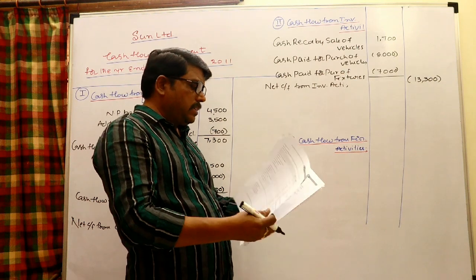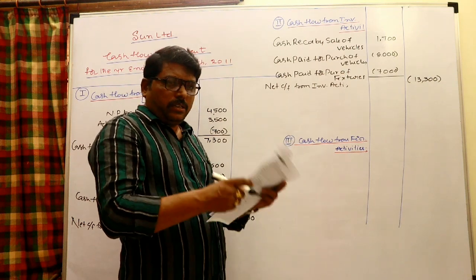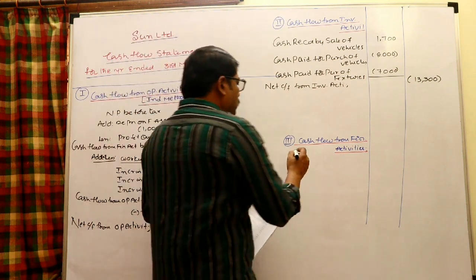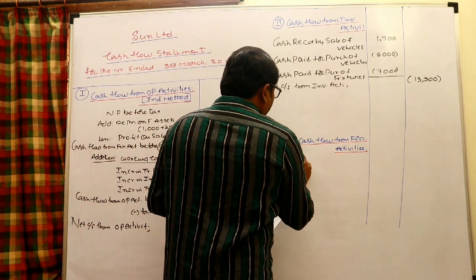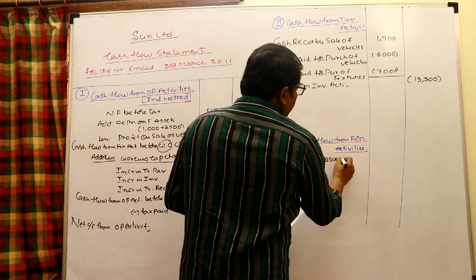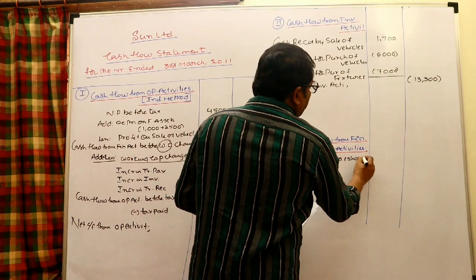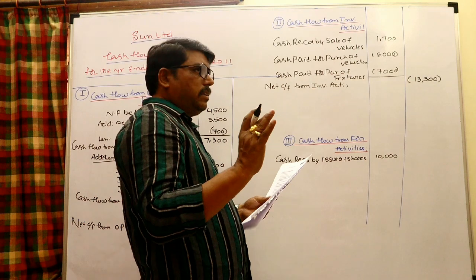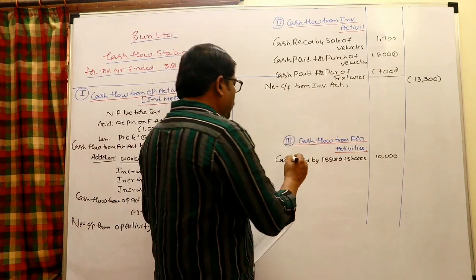It's very clear in the financing activity: there is an issue of share capital, and we worked out 10,000. Cash received by the issue of shares $10,000 only. Dividend paid, not declared, should be taken here.